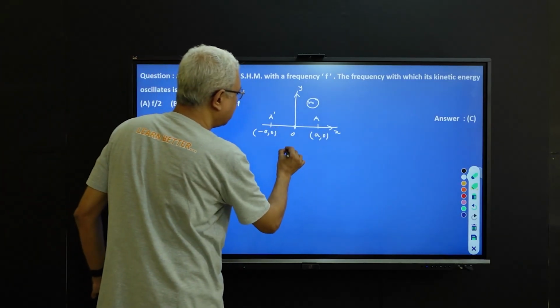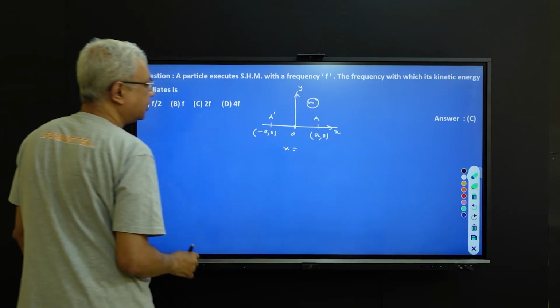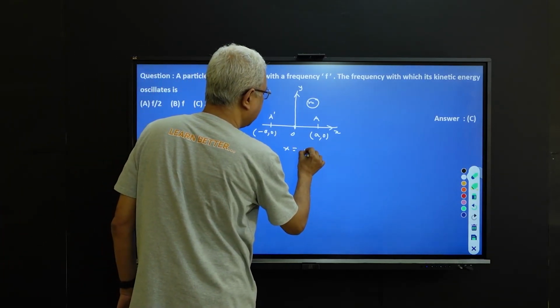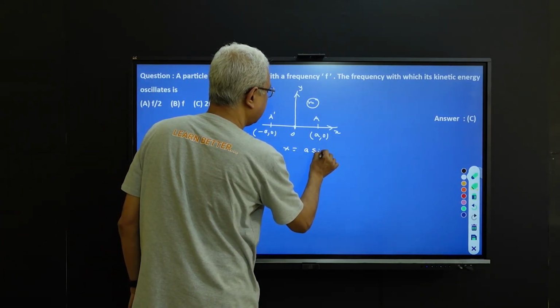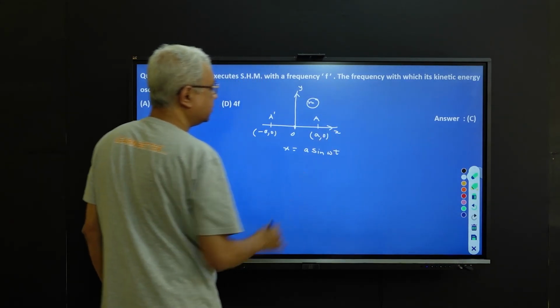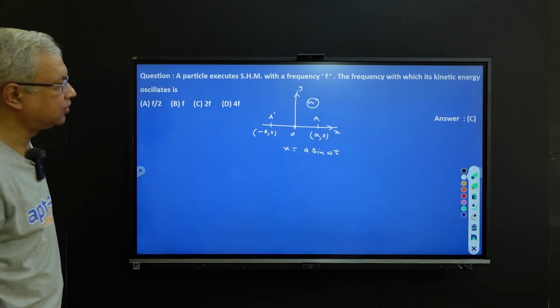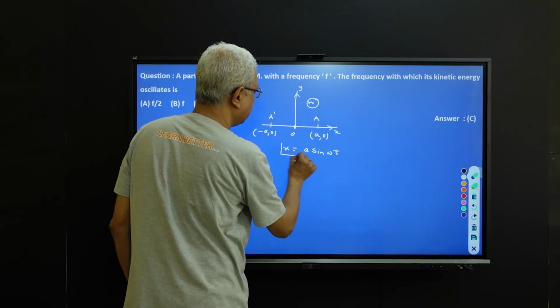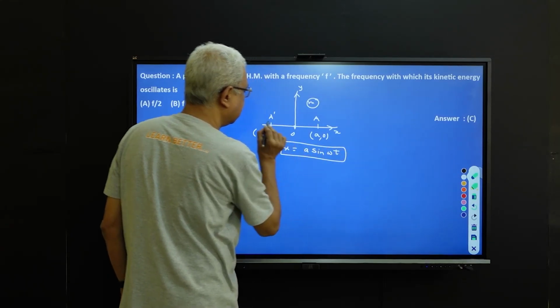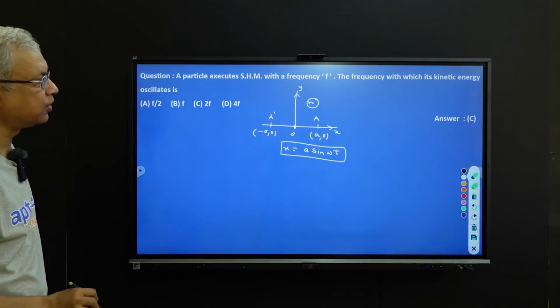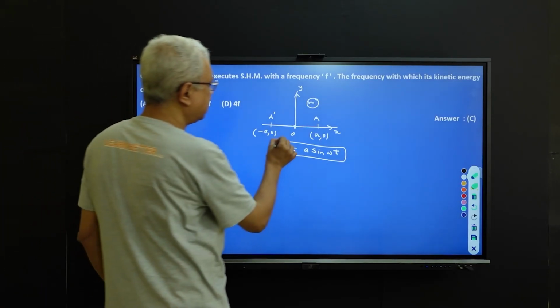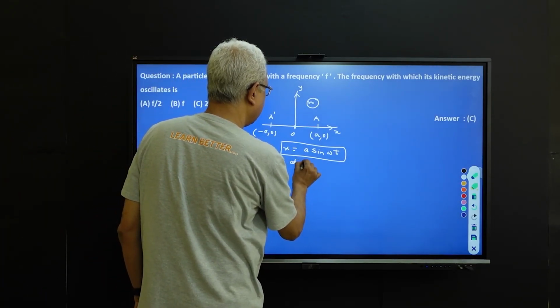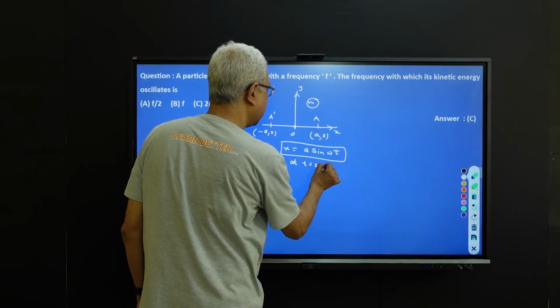So I can write x as a sine omega t. This is the equation connecting x and t. t is the time, x is the displacement from equilibrium; at t equal to 0, x equal to 0.